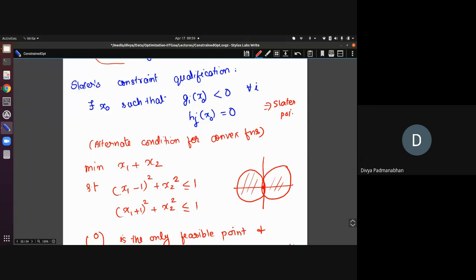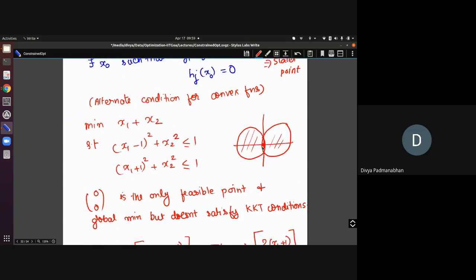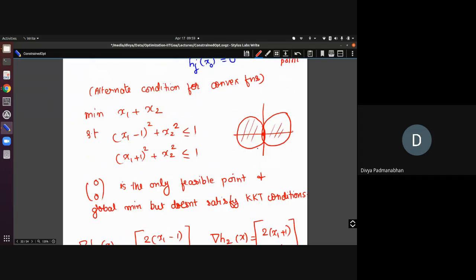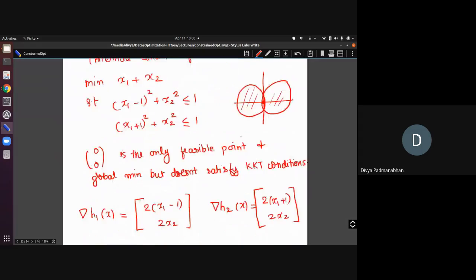So even though this point (0, 0) is an optimum, it's the only feasible point, it doesn't satisfy this regularity condition, and it's also not going to satisfy this Slater condition. So you will see that it doesn't satisfy the KKT conditions. Okay, so here's an example where, if you just try to apply the KKT conditions, you won't get any solution here, even though the problem is convex.